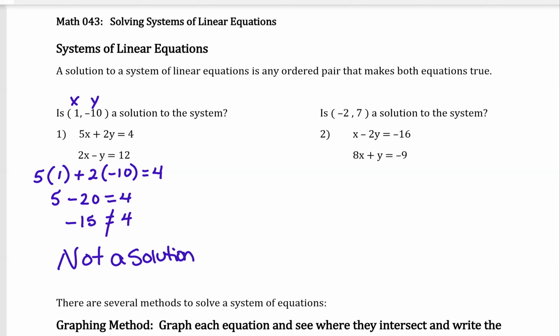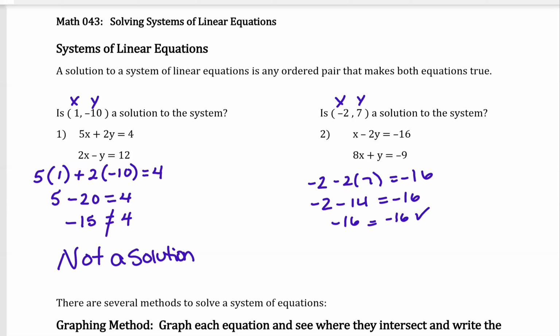Number 2. Again, we will substitute in -2 for x and 7 for y. So I'm basically solving the left side, and I get -16, and it is equal to the right side.